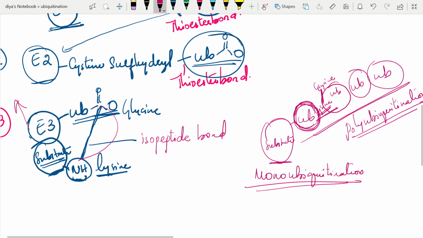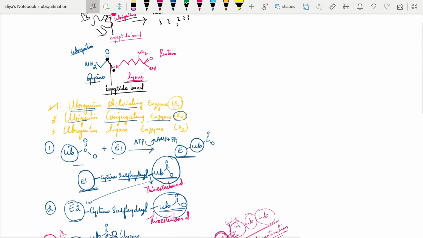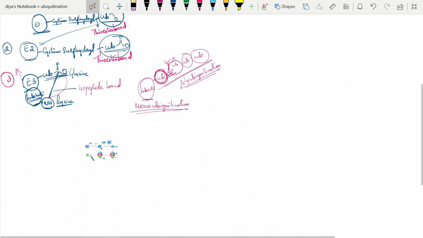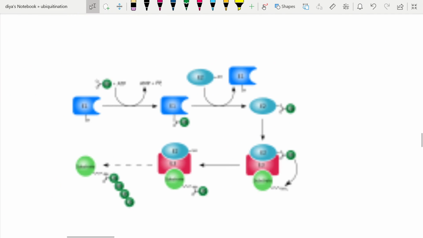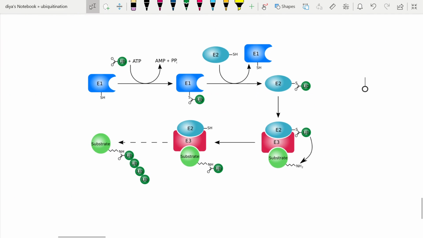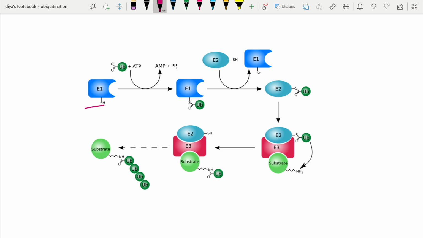To summarize this whole process of ubiquitination, we'll see this diagram. Here, this is the E1 enzyme, and it has the active cysteine sulfhydryl group. This ubiquitin, with the help of ATP, attaches to this sulfhydryl cysteine group, and this releases one molecule of AMP and the phosphate.